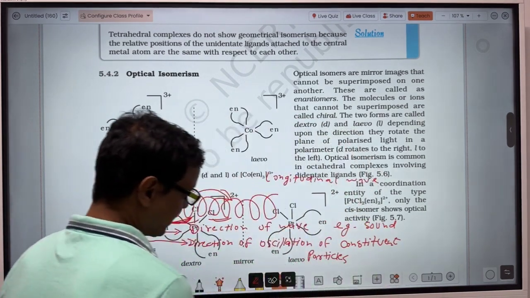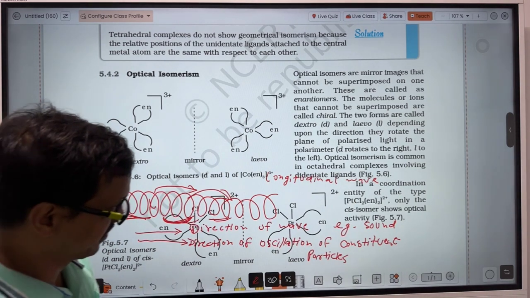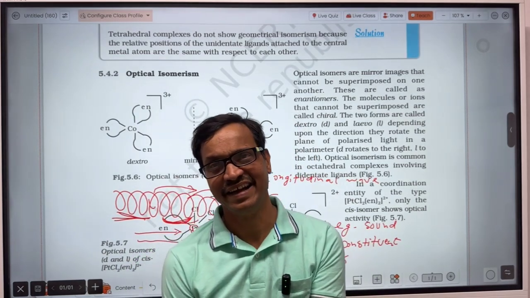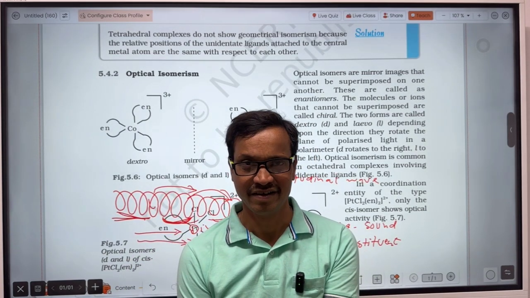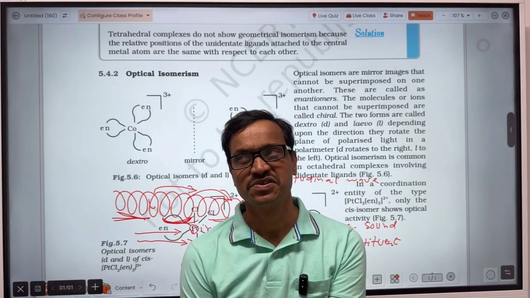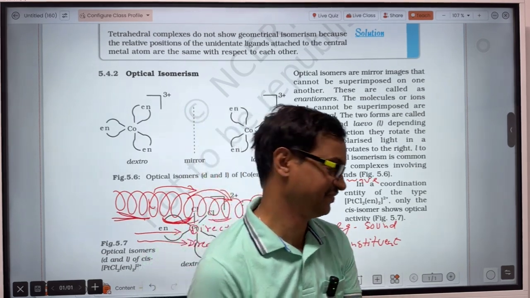So light wave is an example of transverse wave, while the sound wave is an example of longitudinal wave.